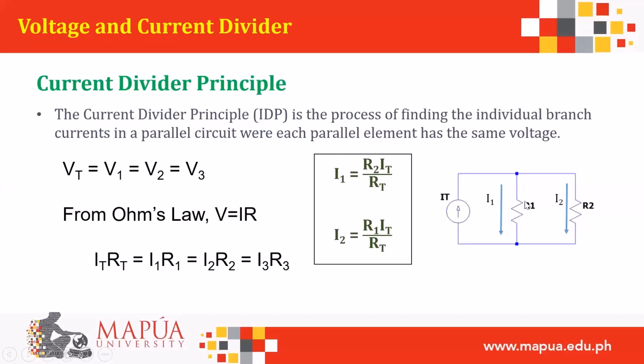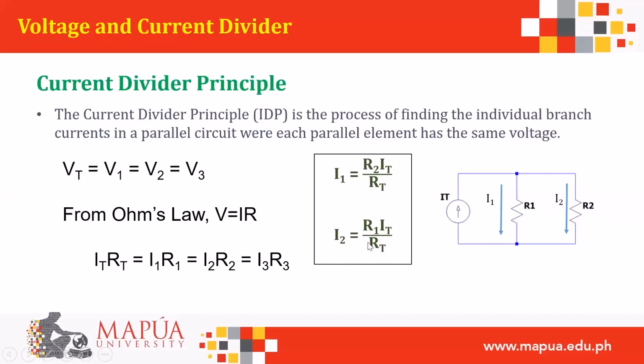For example, current I sub 1 is equal to R sub 2 over the total resistance multiplied by the total current. Again, we're looking for the current that flows through this branch. So the resistor which is not involved is R sub 2. That's why that is our numerator.